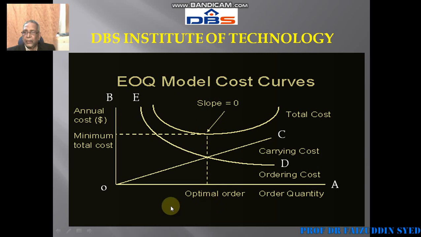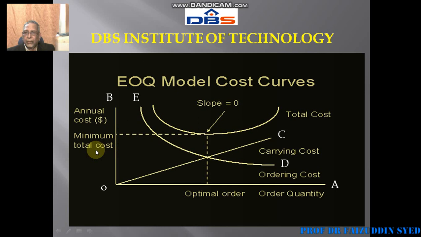In this graph we can see the optimal order, the total order quantity, the ordering cost, the carrying cost, and the total cost. Finally, you get the minimum total cost of the material also.